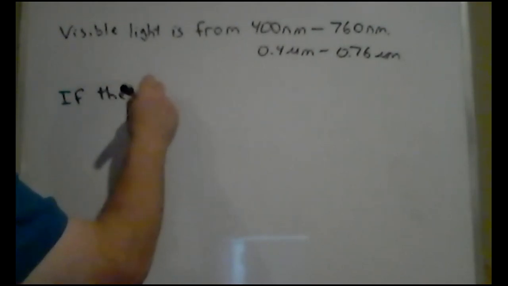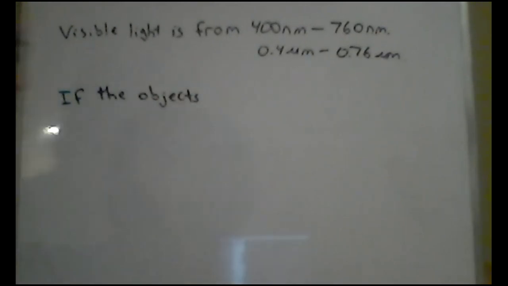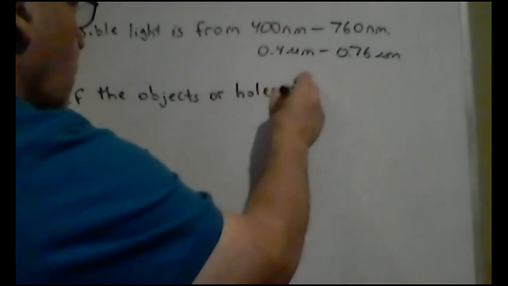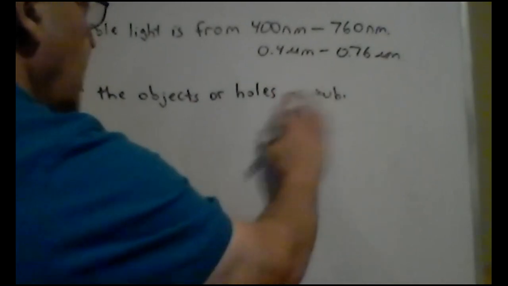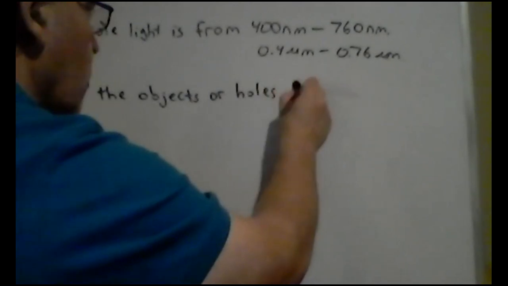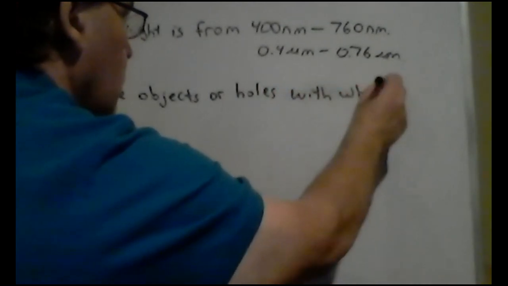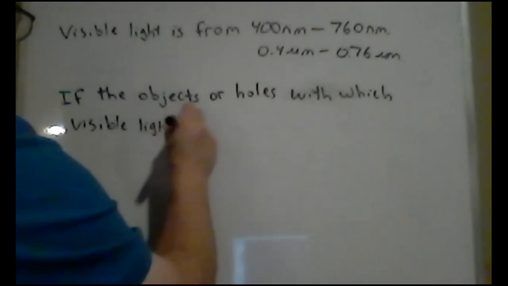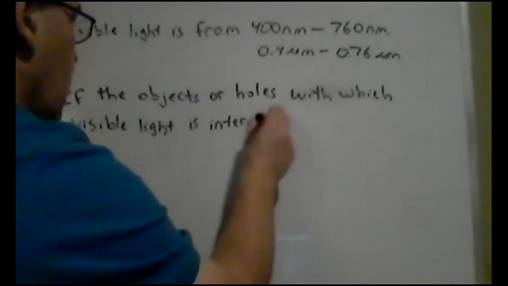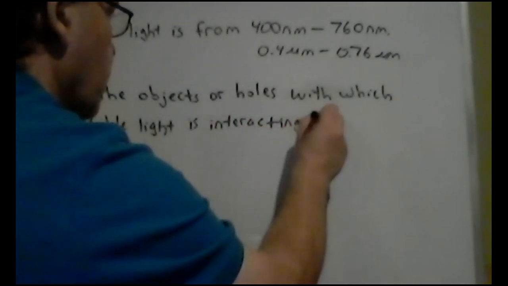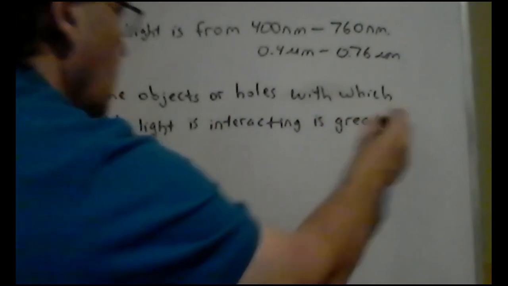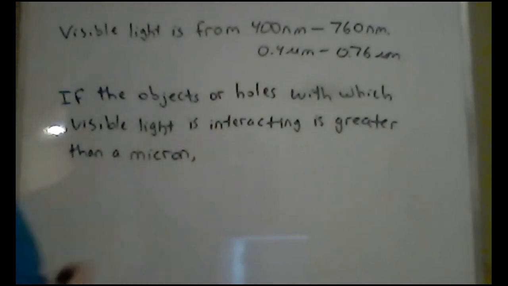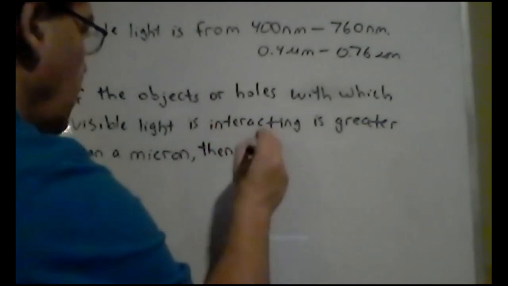And so the idea is, if the objects or holes with which light is interacting are greater than, say, a micron, then we can employ geometrical optics.